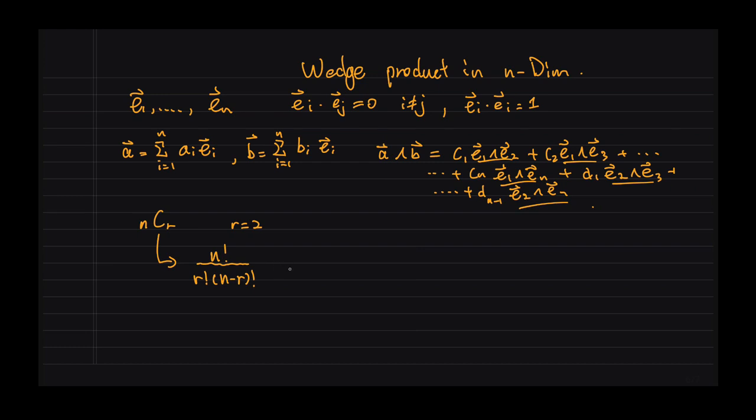So in 2 dimensions, n is equal to 2 and r is equal to 2.